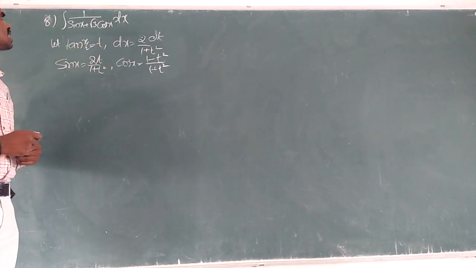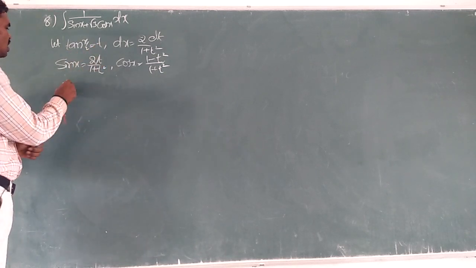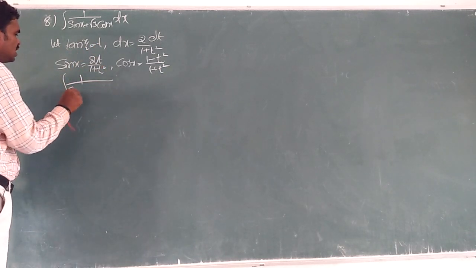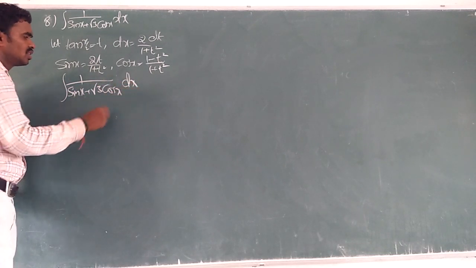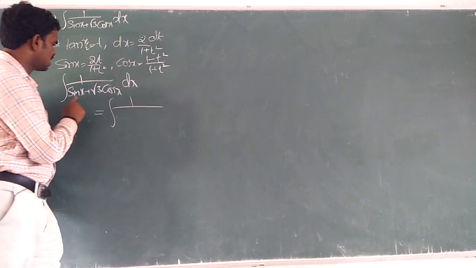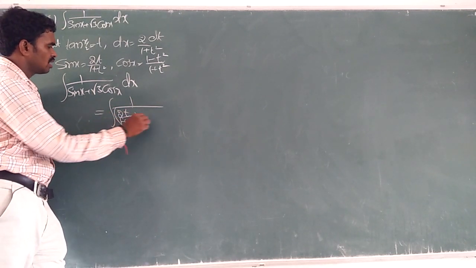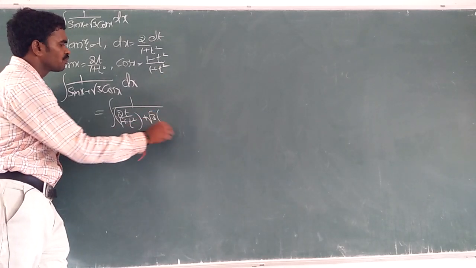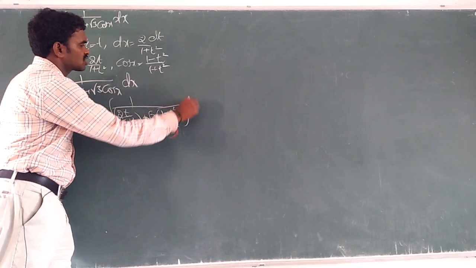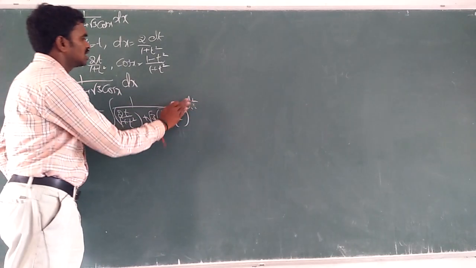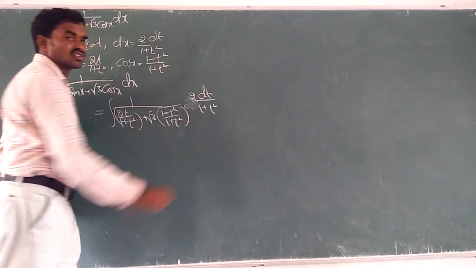Integration of 1 by sin x plus root 3 cos x dx. Assume these values: sin x means 2t by 1 plus t square, plus root 3 into cos x means 1 minus t square by 1 plus t square, and dx means 2 dt by 1 plus t square.